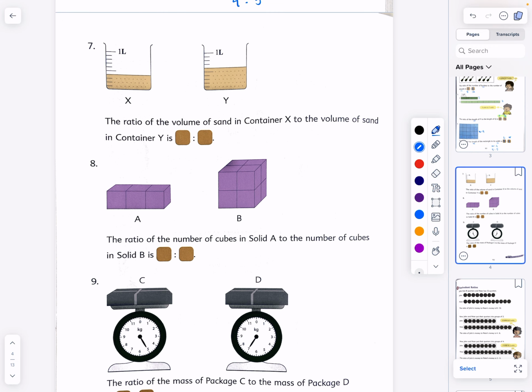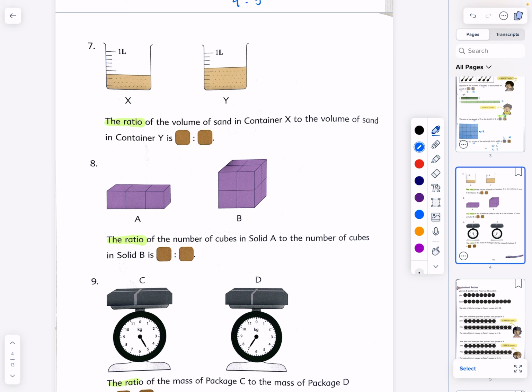Now, example 7. We have 2 jars, and they're both little beakers of 1 liter capacity. We have different values. The ratio, again, let me underline this word. We're looking for ratios. The ratio, the ratio, the ratio, right? That's the new language we're learning today.